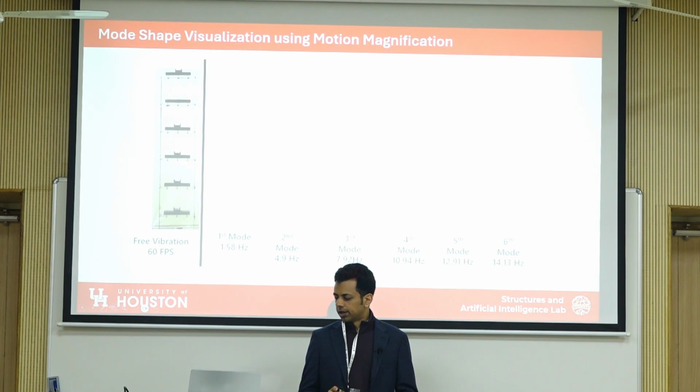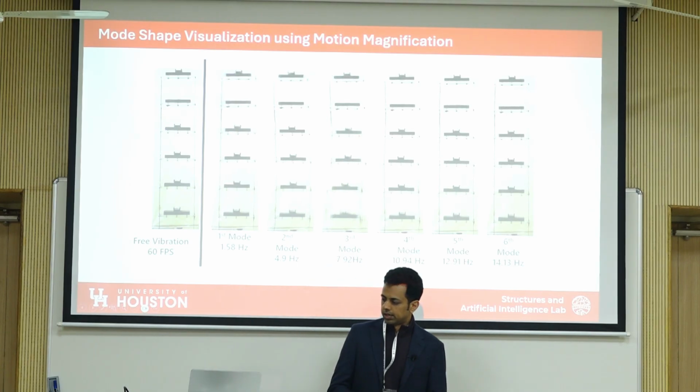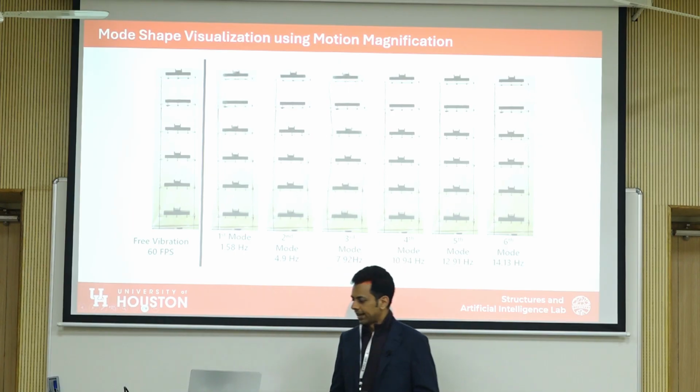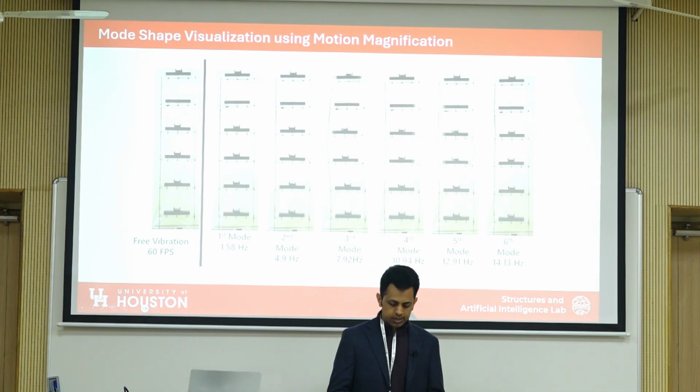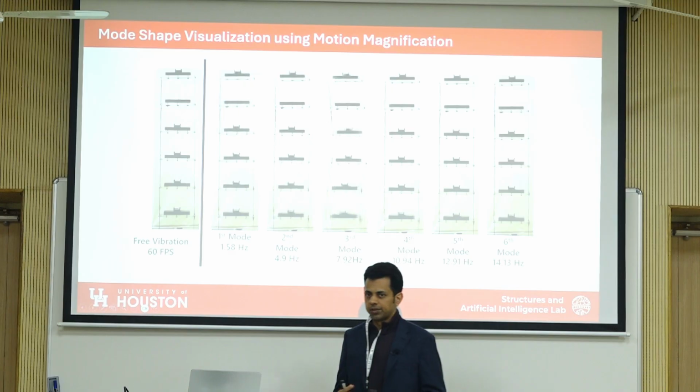Now another thing you can do is something called motion magnification. This was proposed by Bill Freeman's group from MIT back in 2012, 2013. It's a combination of computational photography and computer vision.